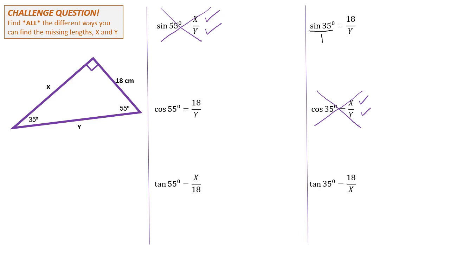So I'm going to look at my cross multiplication here. And so this is going to give me y times the sine of 35 equals 18.